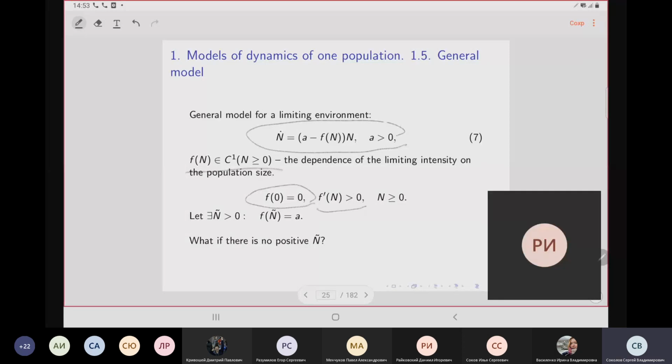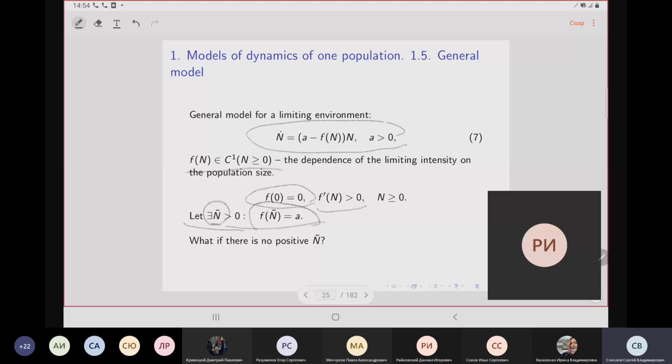And next one, let's suppose that there exists some population n tilde such that f of n tilde is a. A question for you: what if there is no positive n tilde?